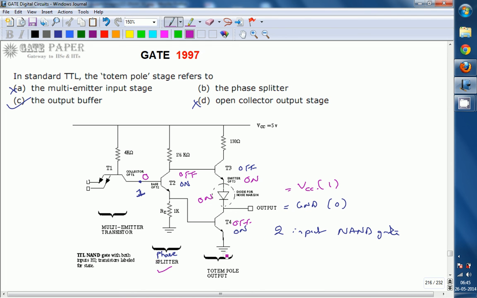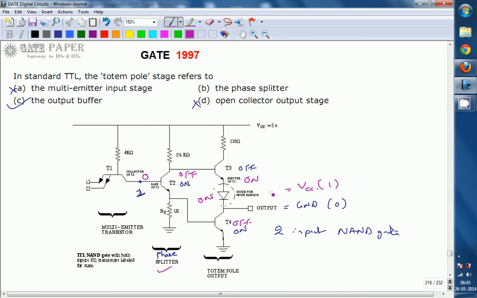This is the totem pole output, which requires two transistors and a diode. This totem pole configuration is mainly used to ensure that whenever one of the output transistors is on, the other output transistor must be off. The output consists of two transistors, T3 and T4. If one of the transistors is on, the other must be off.